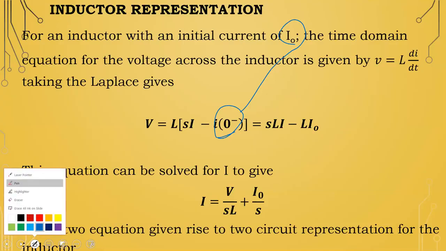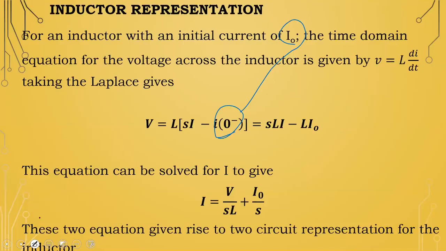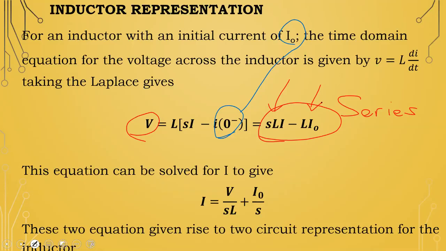So based on what we have here, for the first equation, if we have a voltage here, and it is equal to sLI minus LI0, then this is telling us we have a series circuit, because since it's equal to a voltage, each of these would represent a voltage.